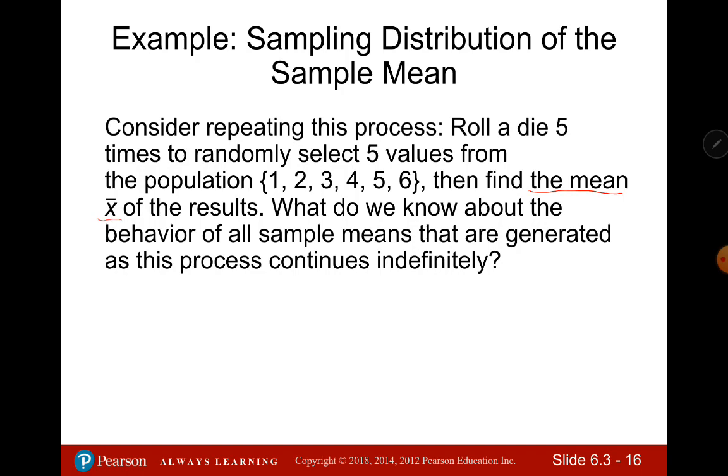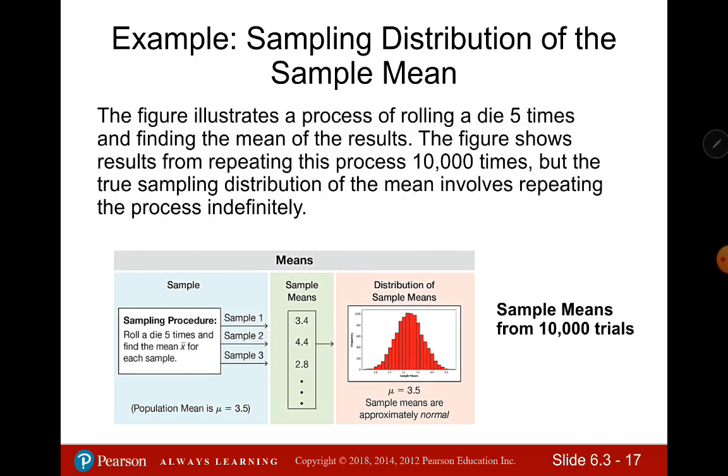If we have 10,000 samples, we roll the die 5 times and do this process 10,000 times. So we will have 10,000 groups of 5 numbers. For each group of 5 numbers, we find a mean x-bar. So we will have 10,000 x-bars. We will talk about the behavior of all the x-bars.